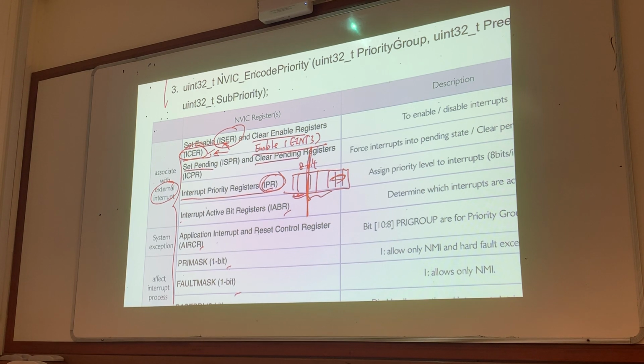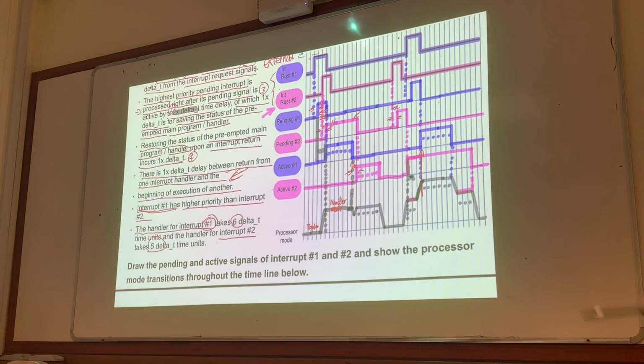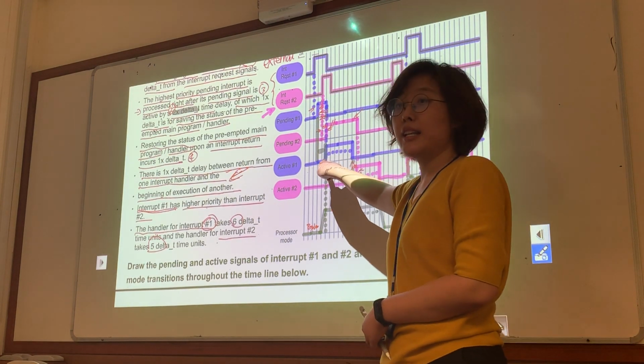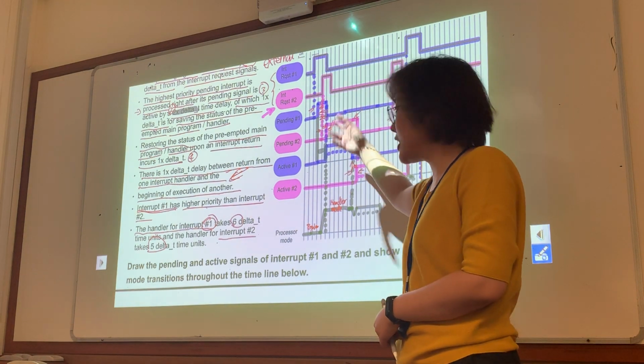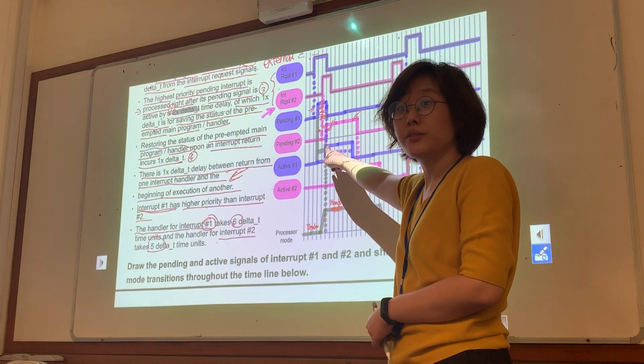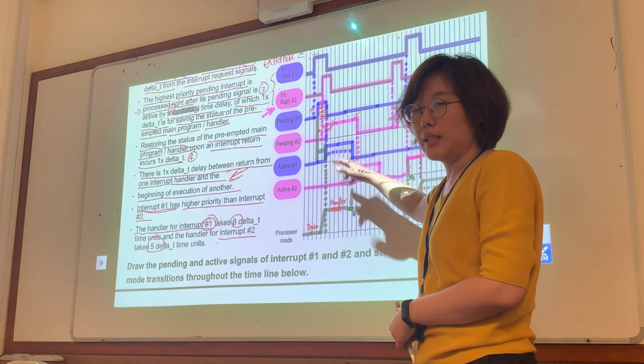And then you have the interrupt active bit register. This one is similar to your pending. There are internal registers basically to set this one. Just now the registers were to set the pending, clear the pending. You also have a register to set your active. That's the idea.